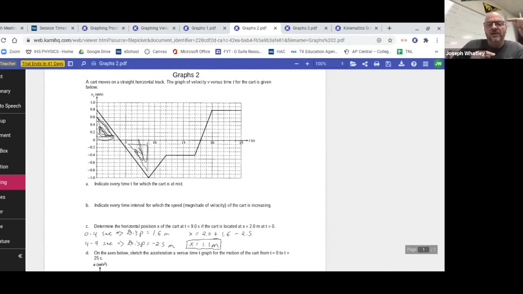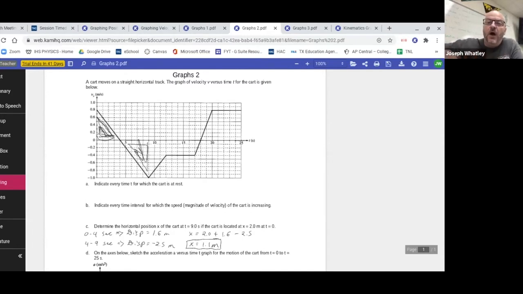If you're going towards the horizontal axis, what velocity are you approaching? 0. So you're coming to a stop, right? Whether it's positive to 0 or negative to 0, it's coming to a stop. So anytime it's approaching the horizontal axis in a velocity graph, it's slowing down. If it's approaching 0, it has to be.